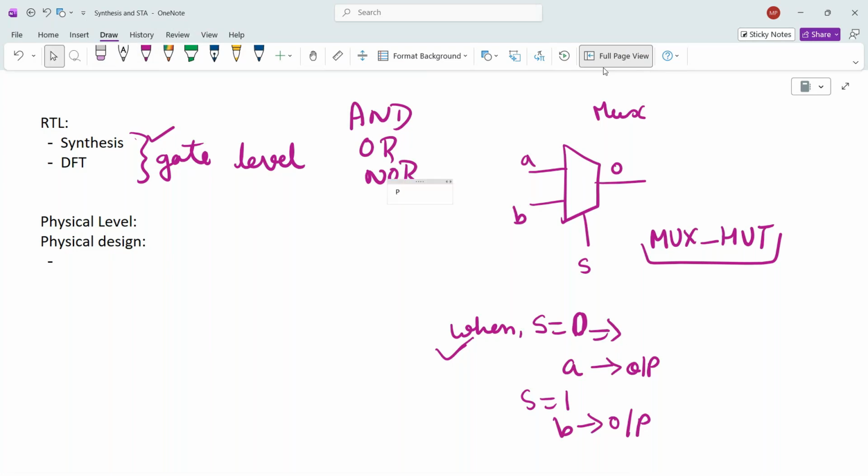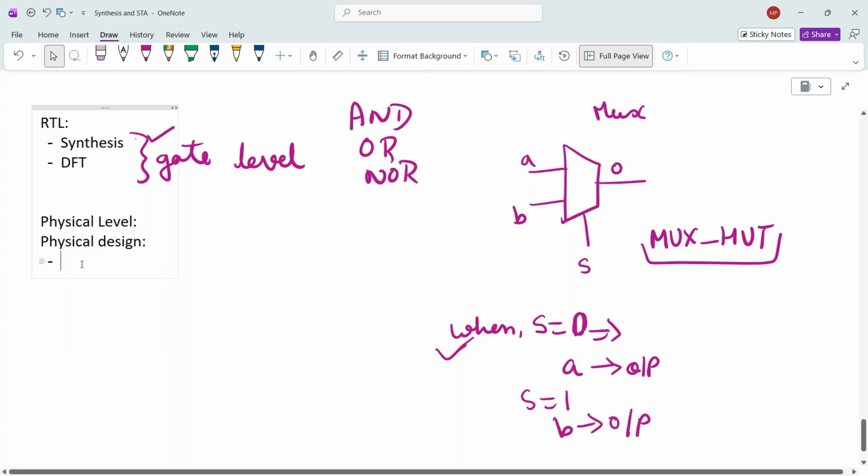Right? So here we have different steps called partitioning, then floor planning, then placement, then CTS, then routing, and then sign off.